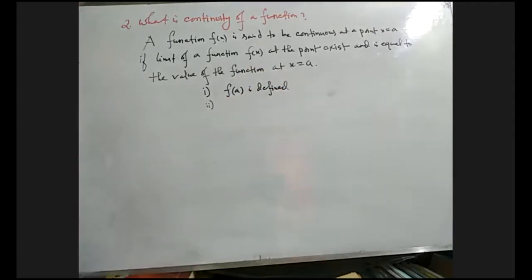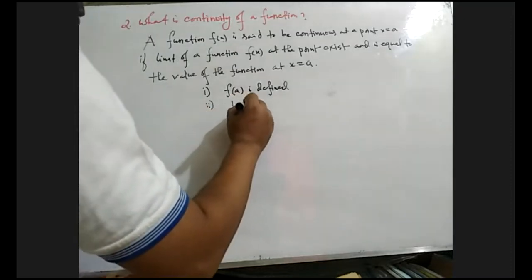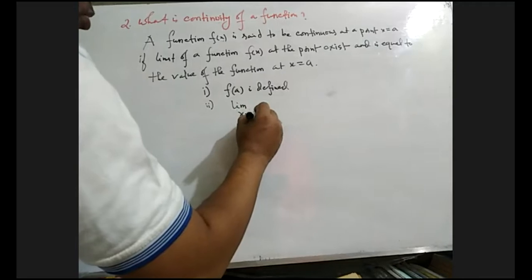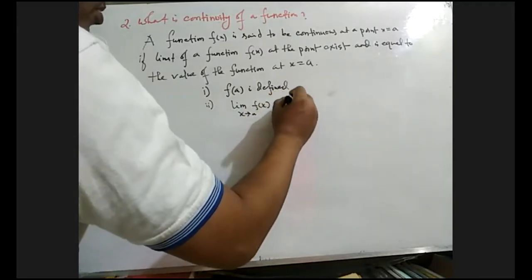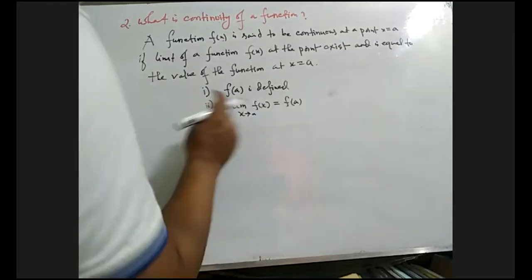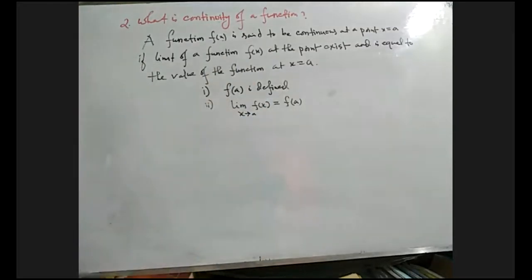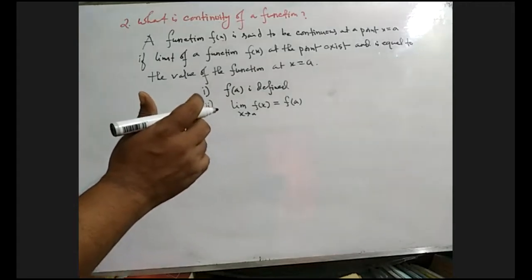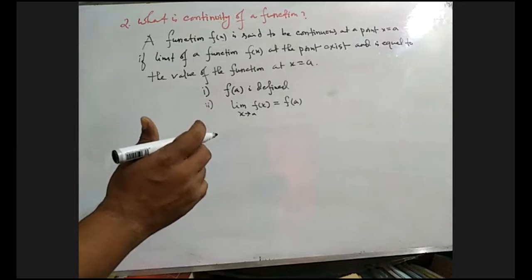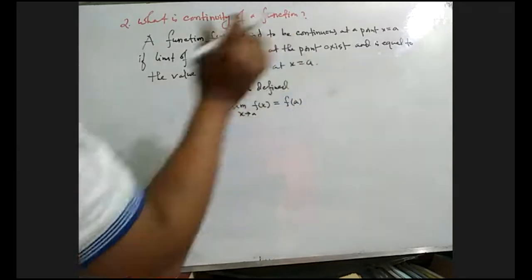The second condition is the limit as x tends to a of f of x equals f of a. If these two conditions are satisfied, then we can say that the function is continuous at x equals a.